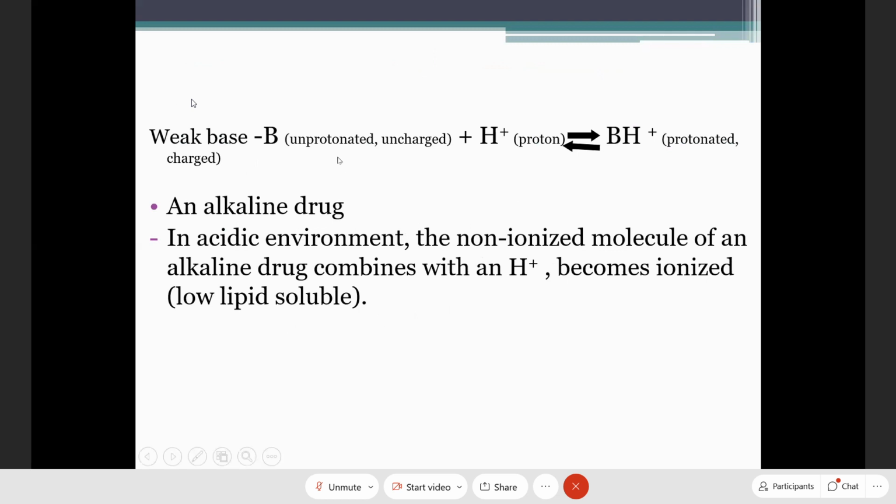This is the non-ionized, the unprotonated or uncharged form; it combines with the H plus and becomes protonated or charged. The charged form is the ionized form, so the percentage of the ionized form increases. Therefore, the absorption of a base drug in the acidic environment is lower as compared to an acidic drug.